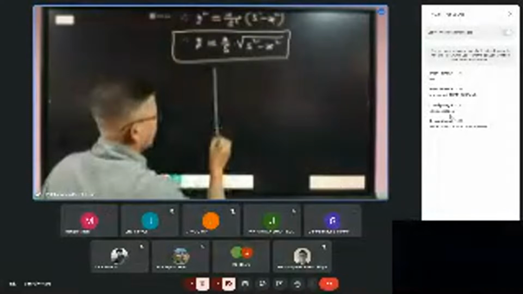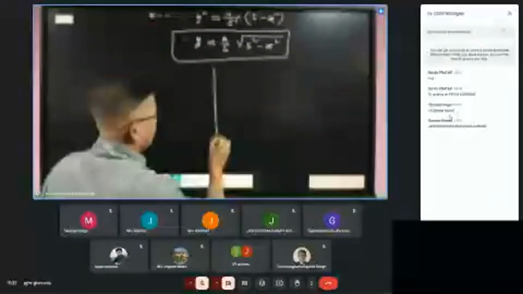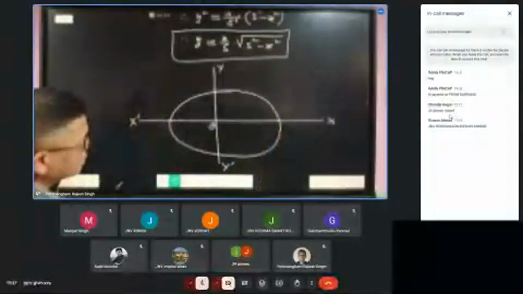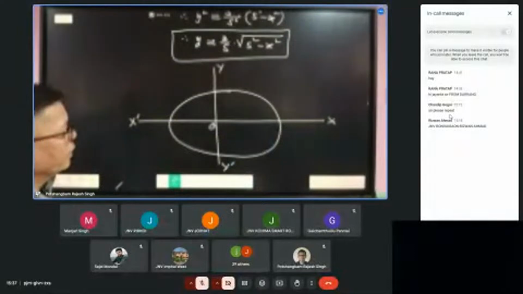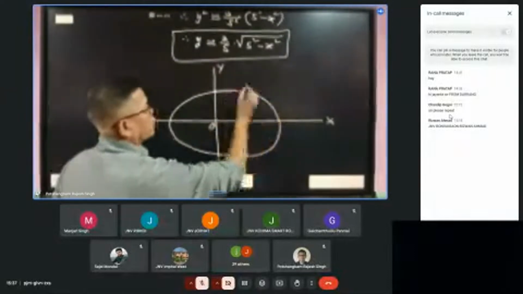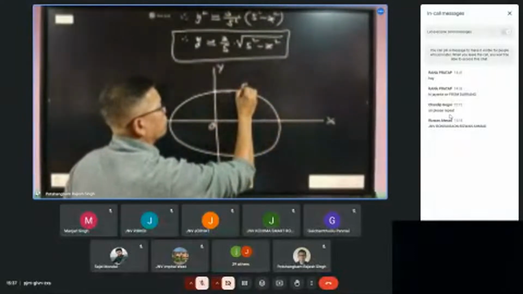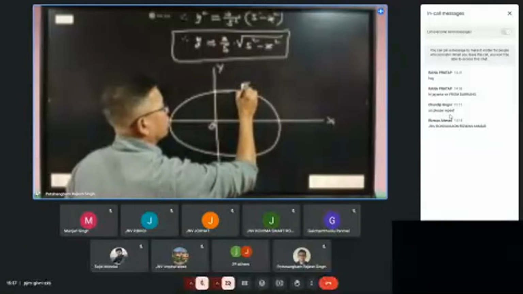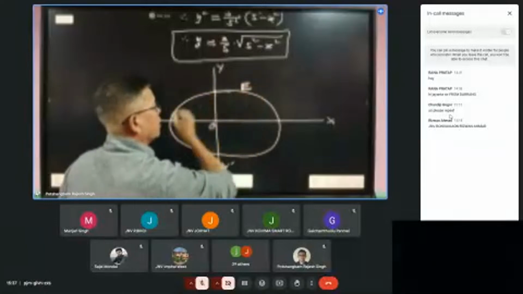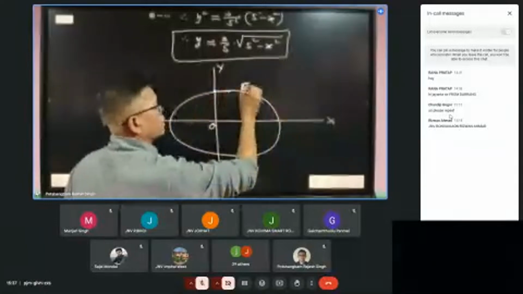And the ellipse is already drawn here. It is a continuous curve. This is the ellipse, and this is your curve. You can name the curve E, ellipse.